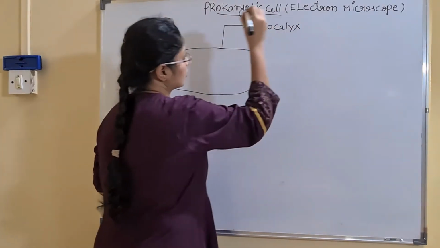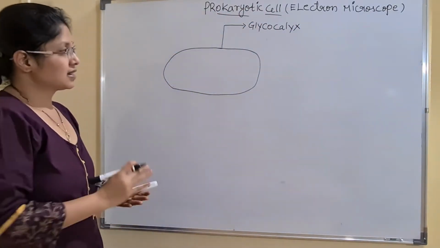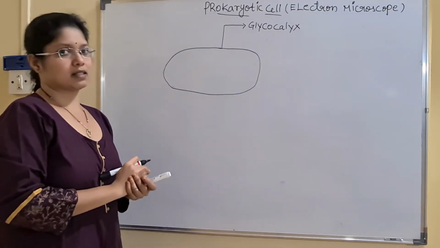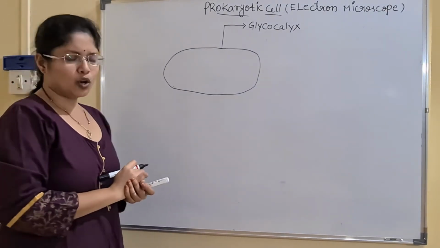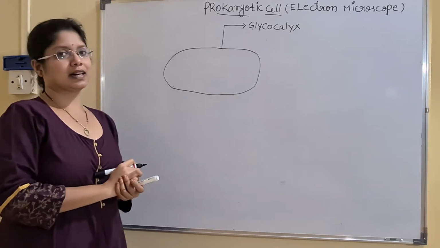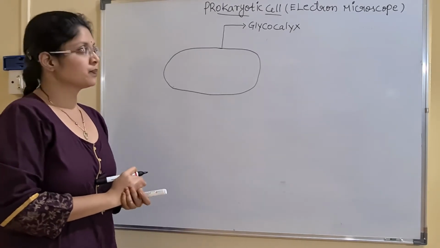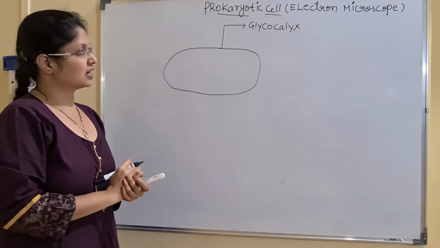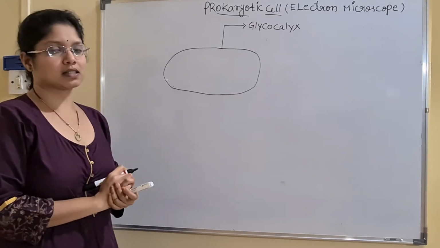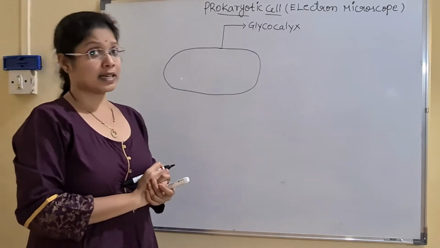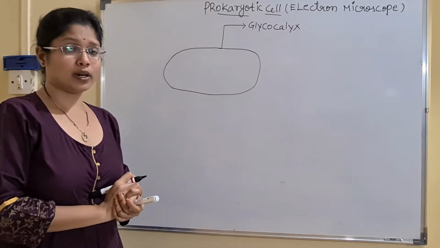Glycocalyx. Okay. What is it, children? Not all bacteria, only a few bacteria have this outer protective layer, which is known as glycocalyx. Then let us see the chemical composition and how it looks.